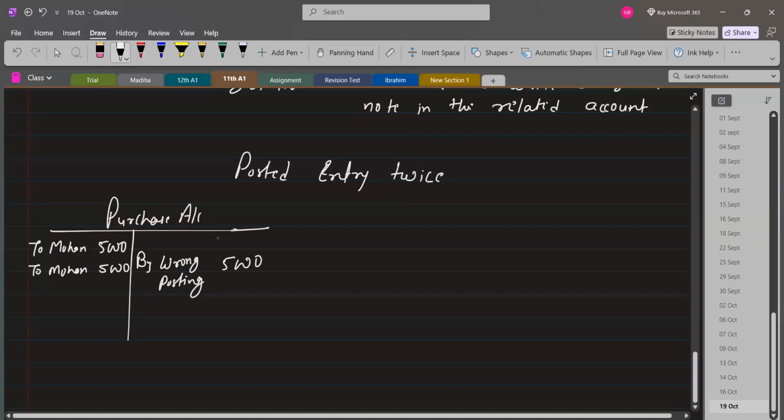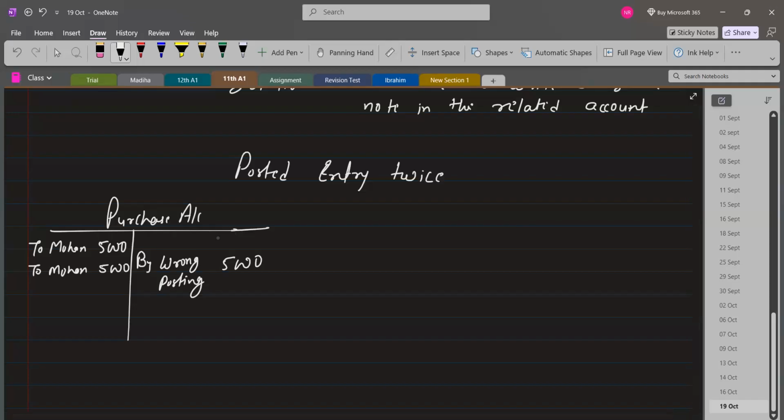Okay, so this is how you write a simple note and your error can be rectified. So tell me if it is clear to you. There are many types of error, not this one only. So tell me if you have any confusion related to this entry, this rectification.